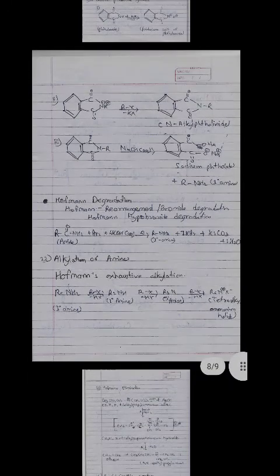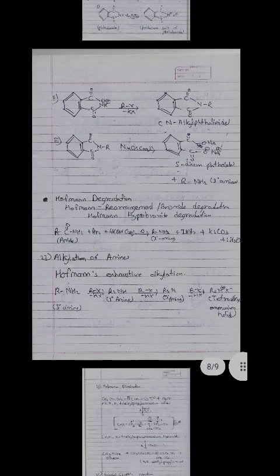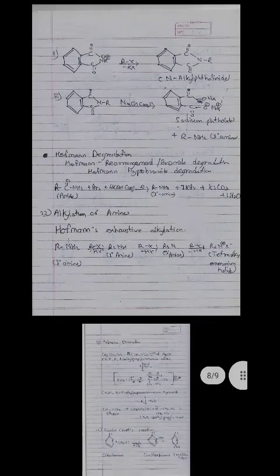Hofmann degradation. It is also called the Hofmann rearrangement, Hofmann bromamide degradation. In this, RCONH2 plus Br2 plus KOH in aqueous form, when this is heated, one first degree amine, RNH2, is formed plus 2KBr plus K2CO3 plus 2H2O is formed.